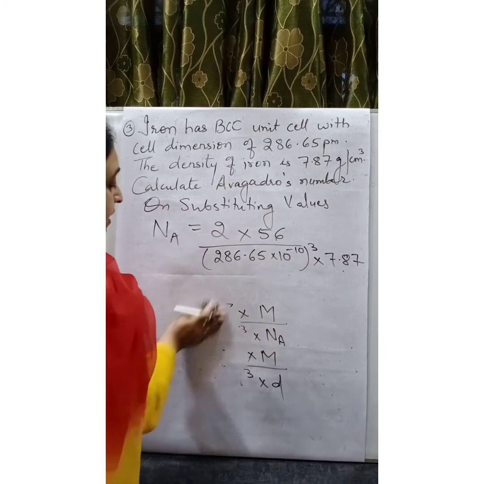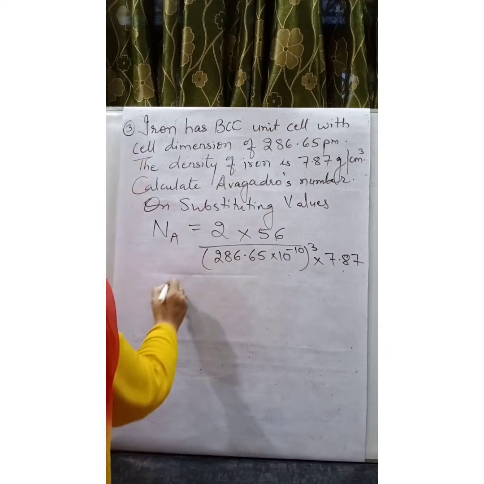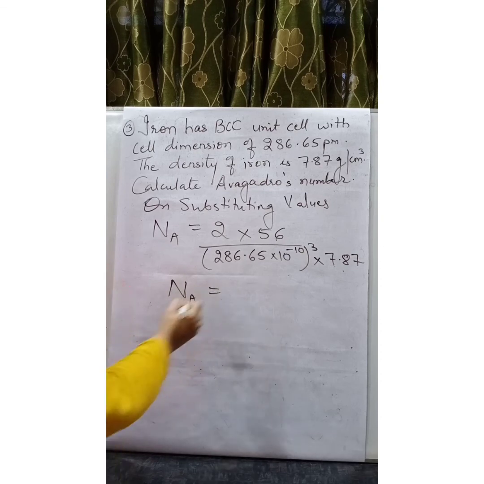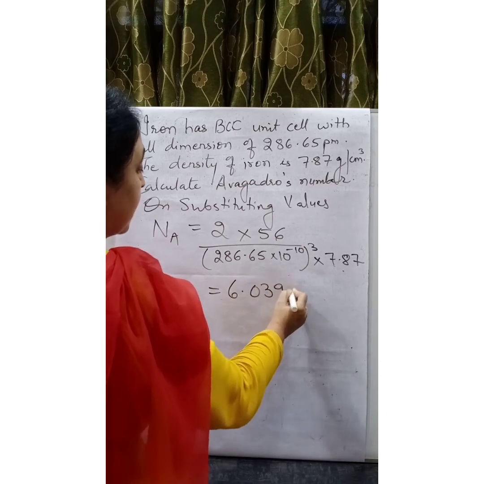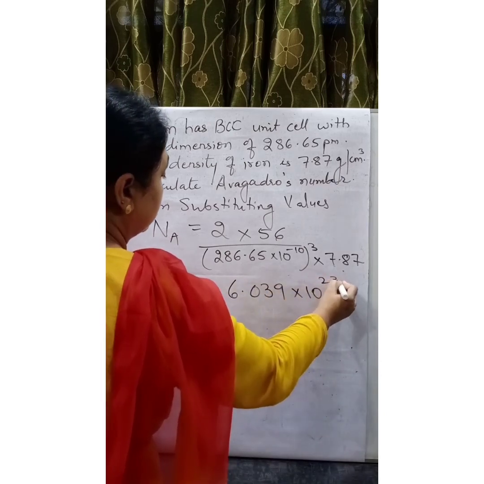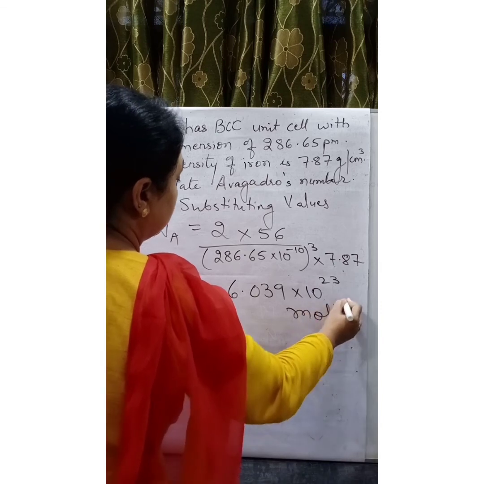Solve this. When you solve this, you will not get an accurate value, you get the Avogadro number as approximately 6.39 into 10 to the power 23 mole inverse.